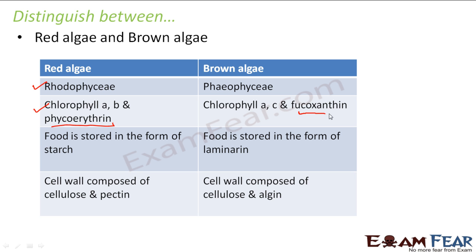It is basically due to fucoxanthin. Food stored in red algae is in the form of starch, whereas in case of brown algae it is in the form of complex carbohydrate like laminarin. The cell wall of red algae is composed of cellulose and pectin, whereas in brown algae it is made up of cellulose and algin. So these are some of the differences between red algae and brown algae.